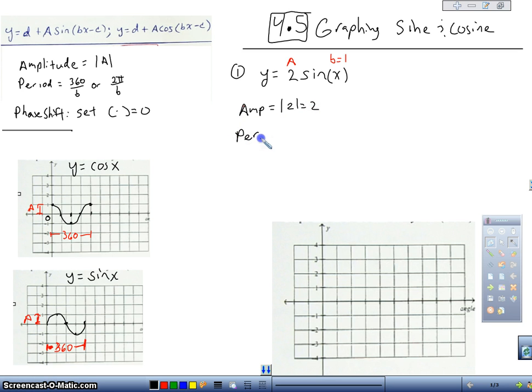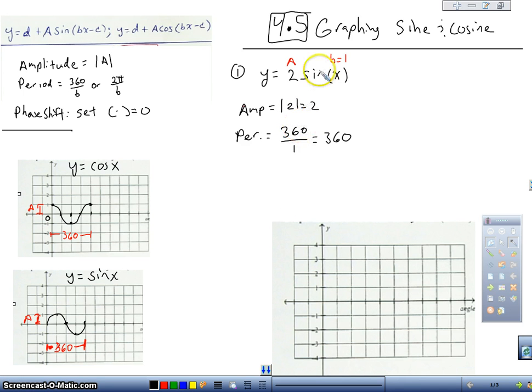The period, we're going to use this calculation here, 360 over B. Or I can actually use 2 pi over B if I choose to do it in radians. Let me do it in degrees. So 360 over B, and B is equal to 1 in this case. Alright, so we see that the period is equal to 360. Okay, we are ready to graph.